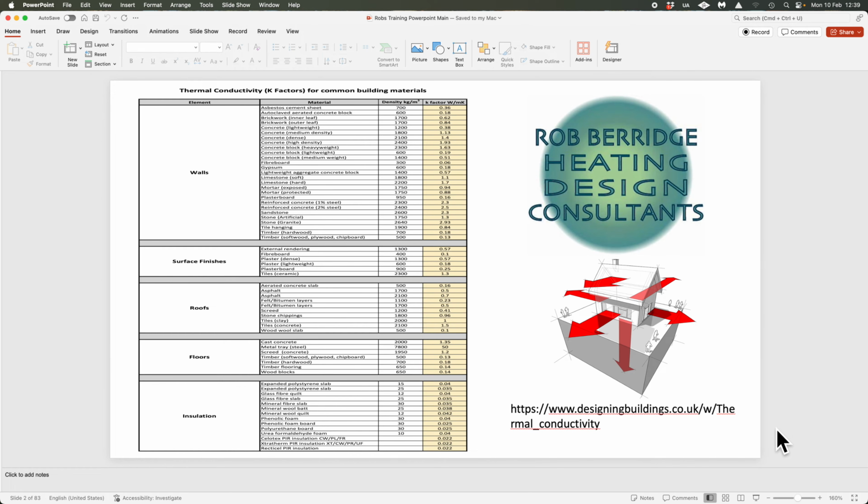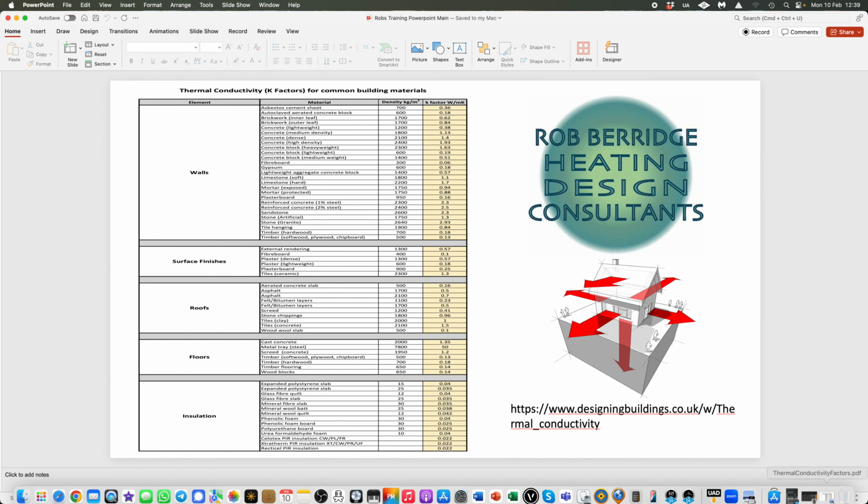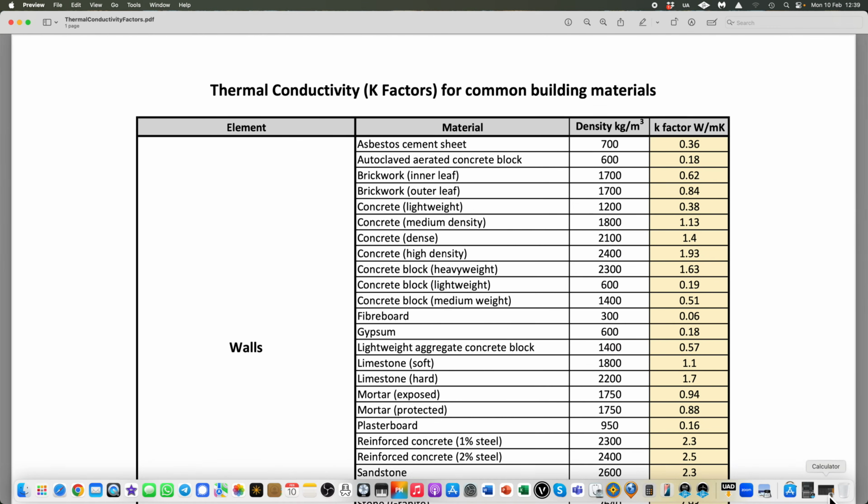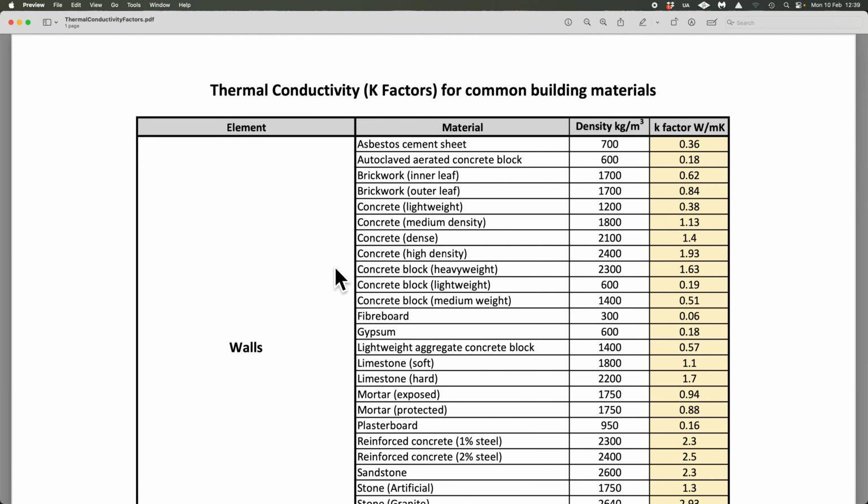Because then you can choose different things, and unfortunately, as you can see from the bottom here, what I'll do is I'll just pull up the slide of this, which is blown up, so you can actually have a proper look. But you can see, for argument's sake, there are loads and loads of different types of concrete block, brickwork blocks, autoclaved aerated concrete block, which is like a Thermalite block or a Celcon block, and they all have different conductivity values, as you can see down here.